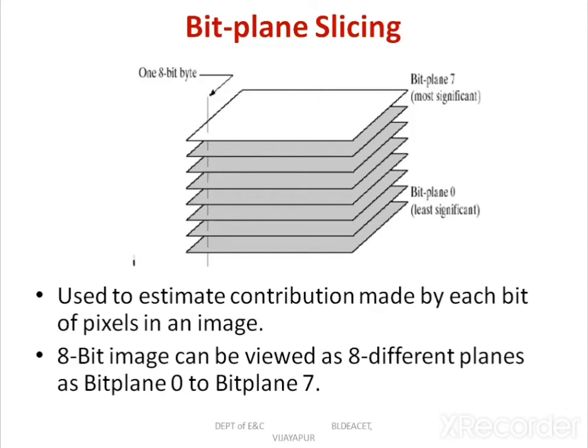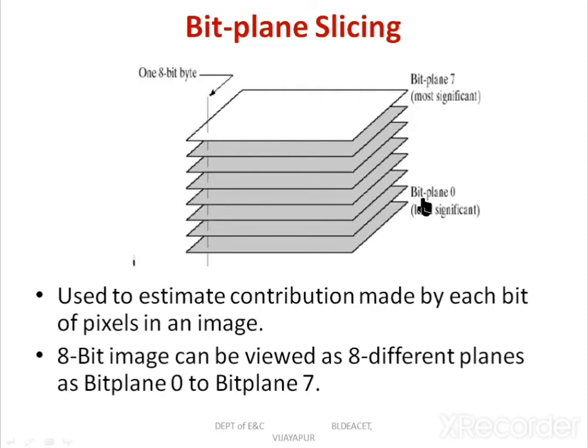Now in the diagram, we have shown bitplane slicing for an 8-bit image. An 8-bit image can be viewed as 8 different planes, bitplane 0 to bitplane 7.